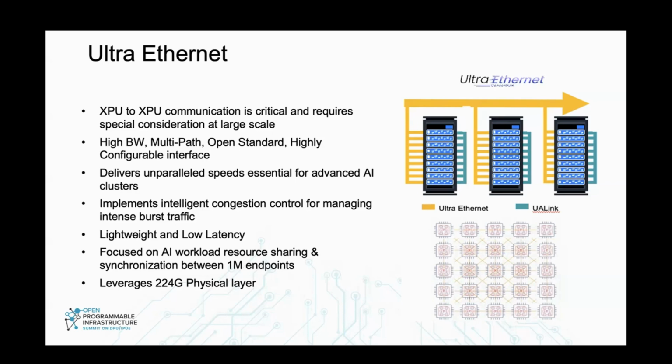This will help us address the congestion when we are communicating across the GPUs and DPUs. It is mainly focused on AI workloads, resource sharing, and synchronization among up to 1 million endpoints. If you look at the bottom right diagram, we can have a crossbar connection between different GPUs within the pods and across the clusters.